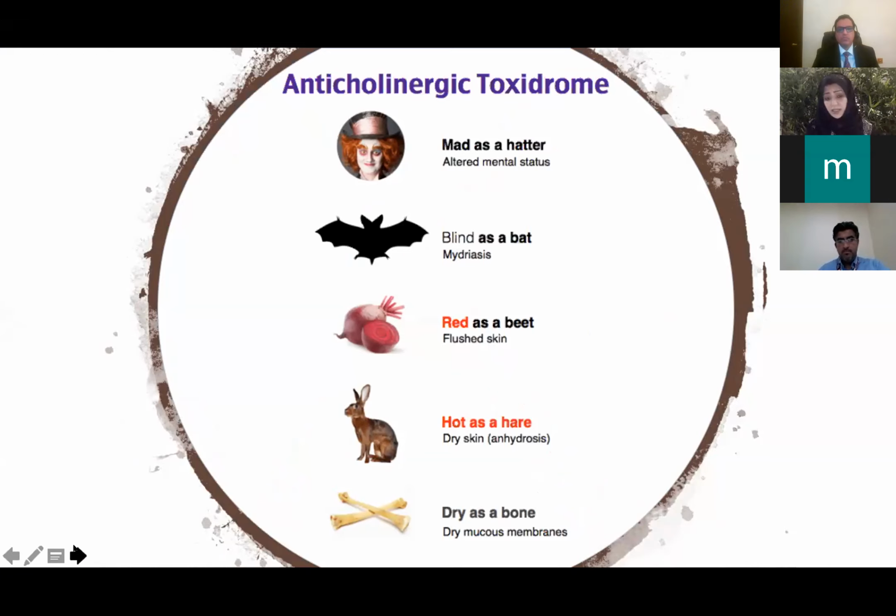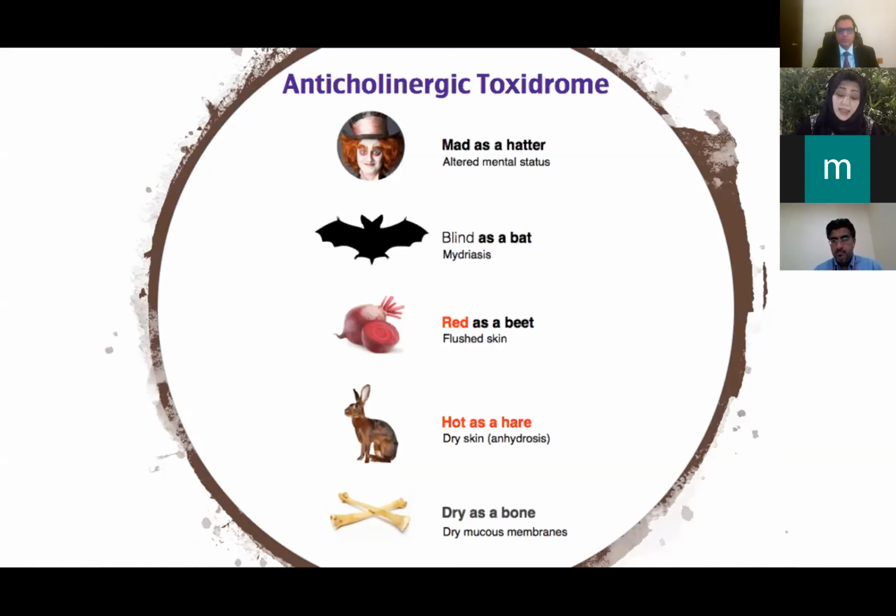The hatter was the job of people who made hats, and they were decorating the hats with a lot of silver and mercury, and they would touch their tongue while they decorated the hats, and they would get mercury poisoning, and they would get mad at the end of the day. And so that's where the saying comes from. Blind as a bat, guys, not because they have wide pupils.